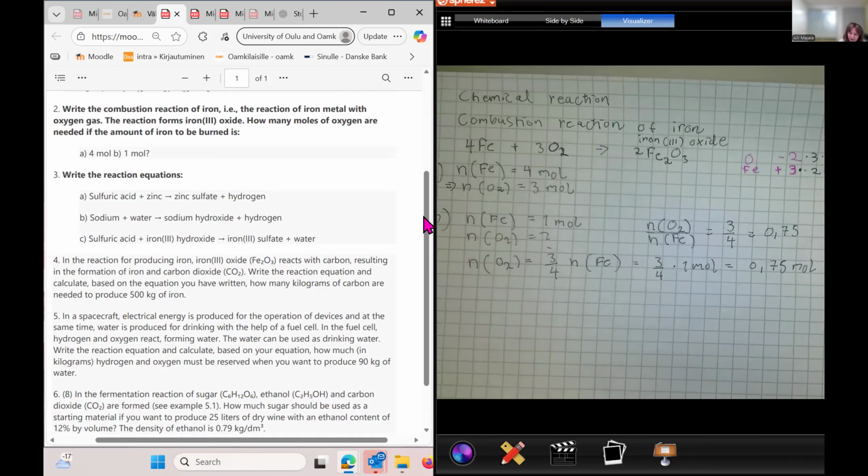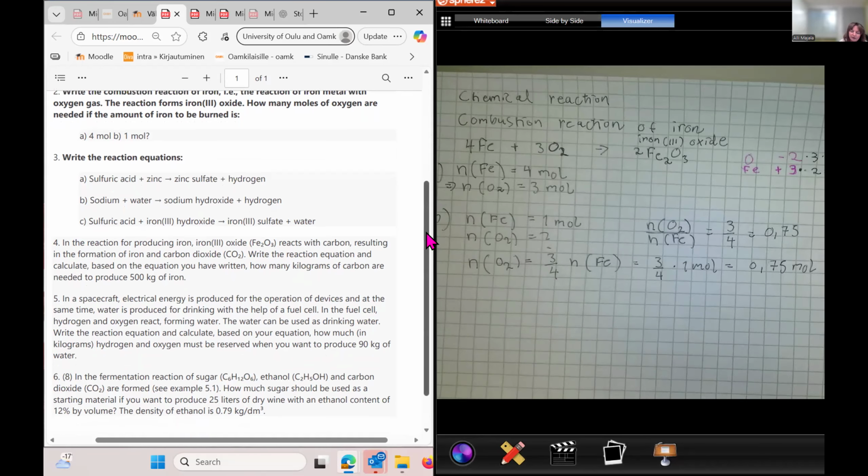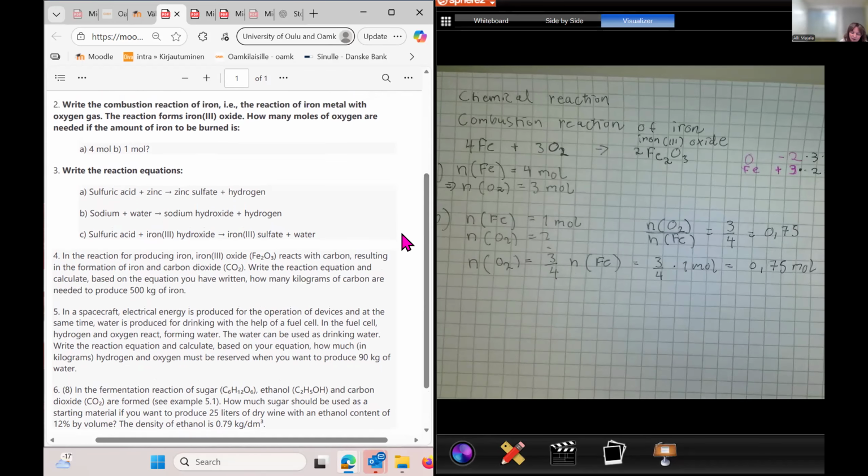Okay, let's take another example still. I want to produce iron now. At first I was burning iron to get iron oxide. Maybe in practical terms, I would usually produce iron from iron oxide.